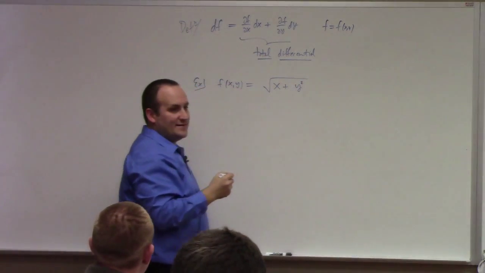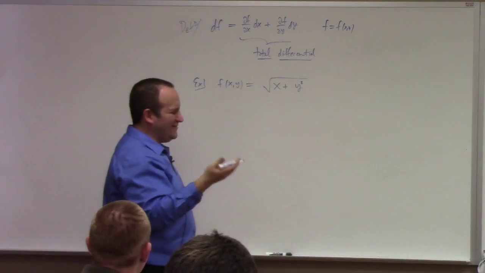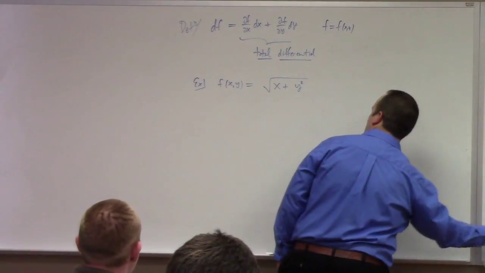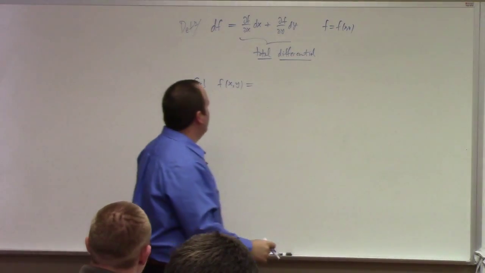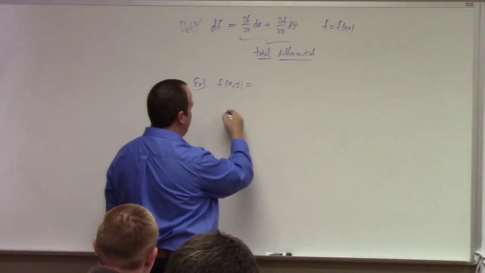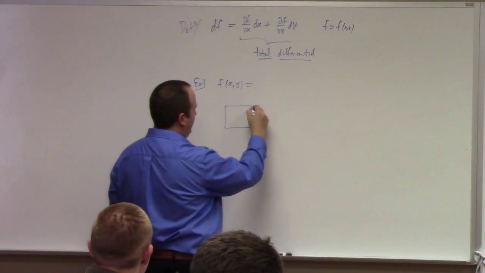Okay. That's not what I want. I don't know. I can never come up with a decent example of these stupid things. All my examples are stupid. I'm trying to think of something with x and y that f has a nice, how about this?